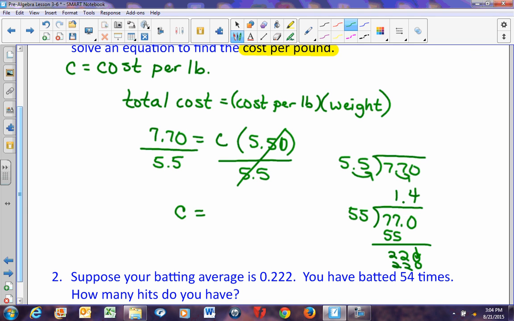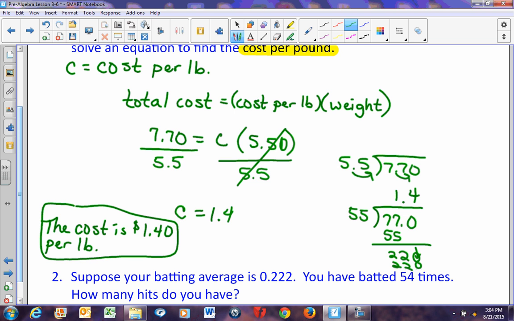There we have it. So my cost, C equals 1.4. So my cost is $1.40 per pound. We defined our variable, we wrote our equation, we solved our equation, and then we wrote it as a complete sentence.